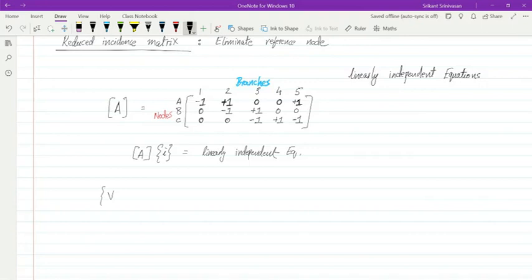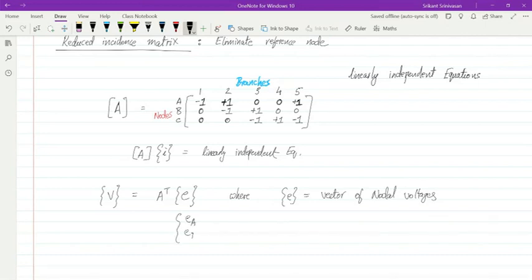And let's say I want a vector of all the branch voltages, then that is going to be A transpose, okay, times the vector of the nodal voltages. Fine. So here E would be EA, EB, EC. Okay.